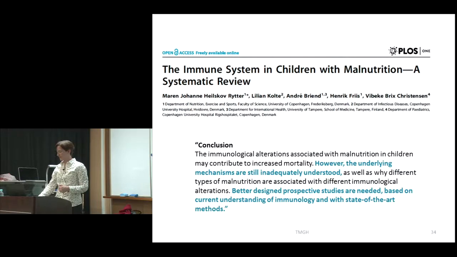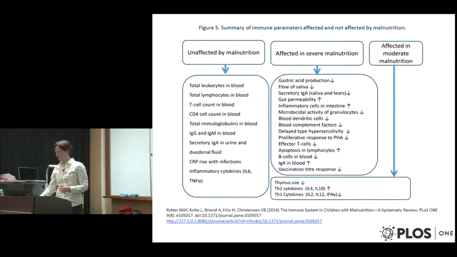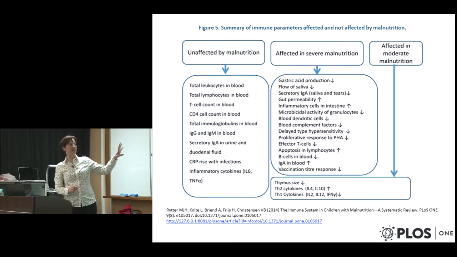So for those that are interested, there's a good review, just summarizing the different things that are affected and unaffected. You will also be sent electronic copies of some different documents which are available to you if you are interested, so extra resources.